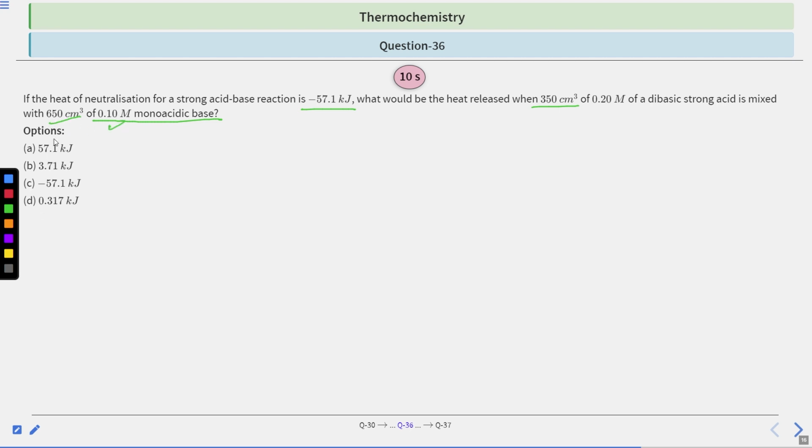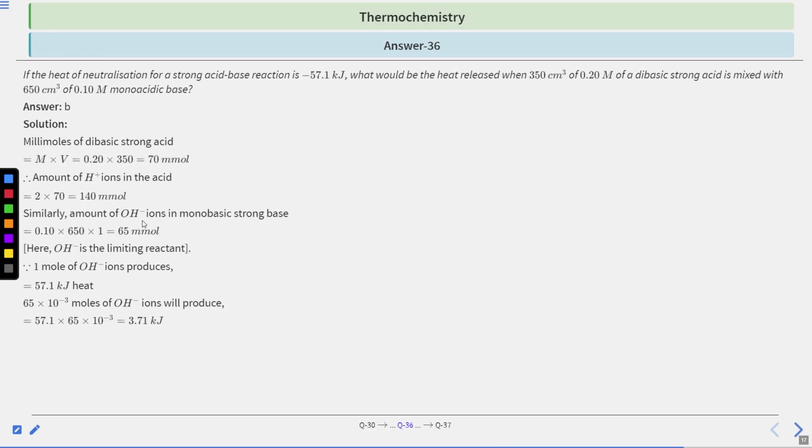Options are 57.1 kilojoule, 3.71 kilojoule, minus 57.1 kilojoule, or 0.317 kilojoule. So you have 10 seconds to solve this question. After that, we will see the answer. Okay, so the correct answer is option B, which is 3.71 kilojoule.